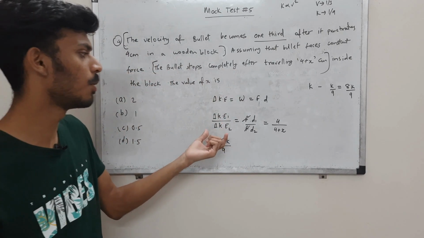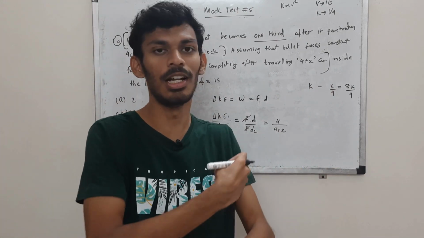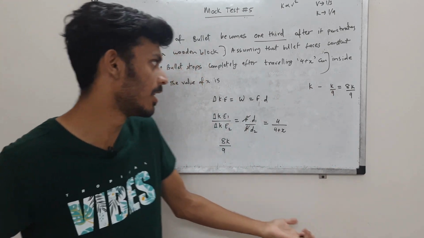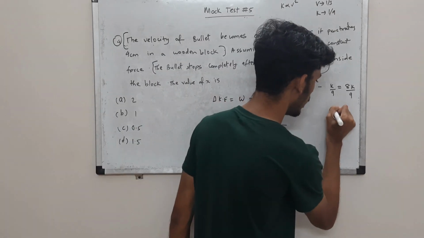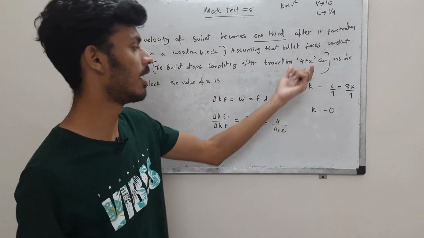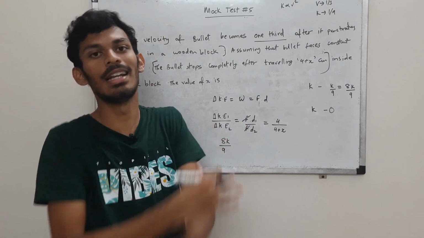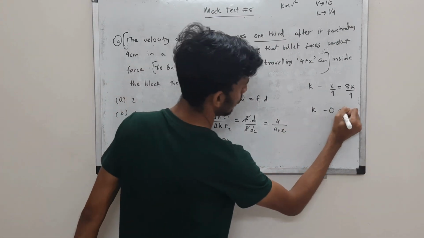And what is delta K2? Delta K2 is the entire journey. In the entire journey, the bullet loses all of its kinetic energy, because the final kinetic energy will become 0 when the bullet comes to rest, and the initial kinetic energy was K. When traveling this distance, the bullet entirely loses its kinetic energy. So delta K2 is nothing but K.